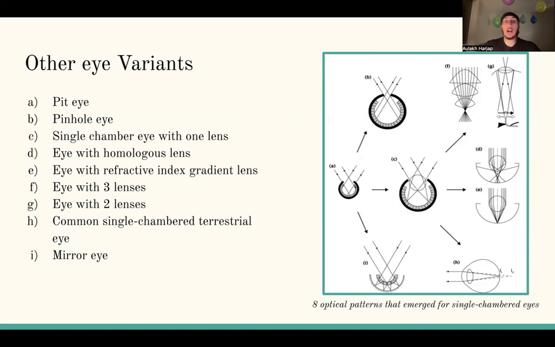Next, D shows an eye with a homogeneous lens, which cannot focus, whilst E shows an eye with a lens with a gradient of refractive index. Finally, H shows the terrestrial eyes possessed by us, with the protrusion showing our cornea and the small circle representing the lens directing the light towards our retina.